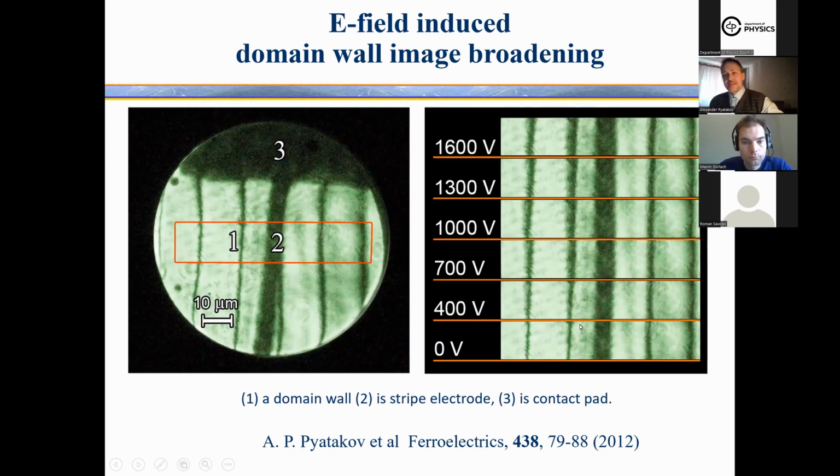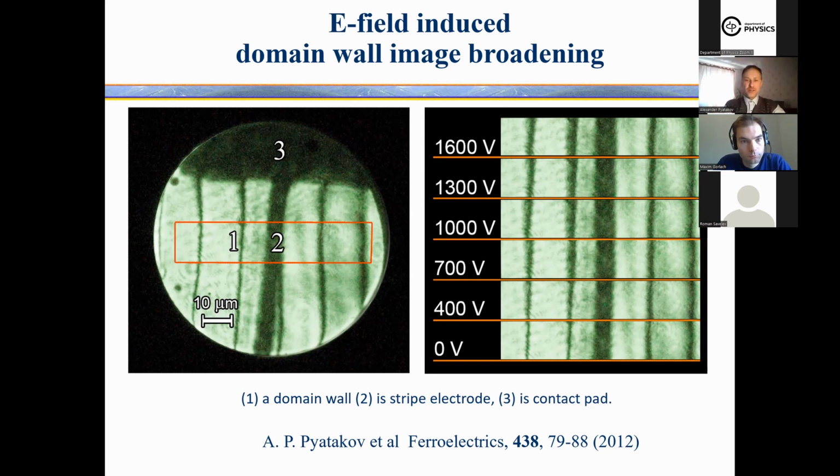Another variant: since the domain walls are polarized objects, you know that every dipole is not only attracted to the pole, but it also orients, of course, like a needle of a compass. And in this way, for the stripe domains, we apply electric voltage with a stripe electrode. If it is directed along the domain wall, it orients the domain walls like this.